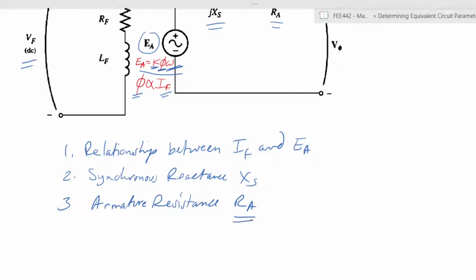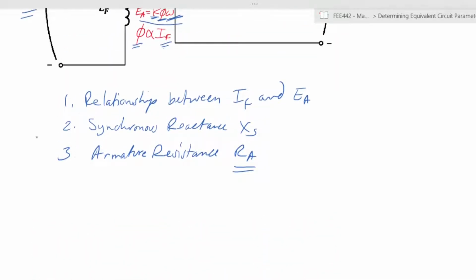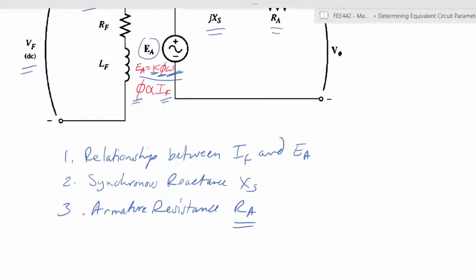The armature resistance is the most straightforward to determine. If you have your three armature windings, let's say they are connected in star, you have your R, Y, and B windings.